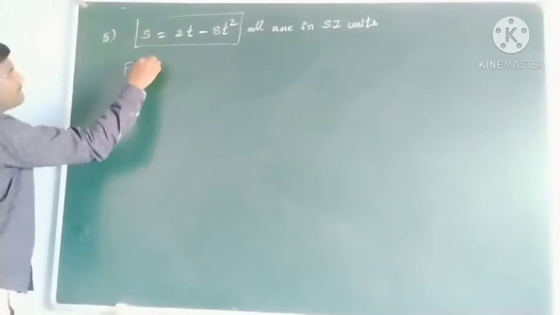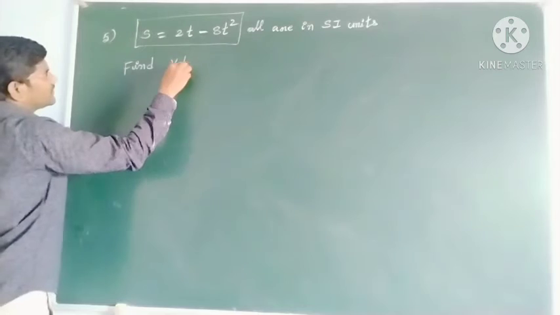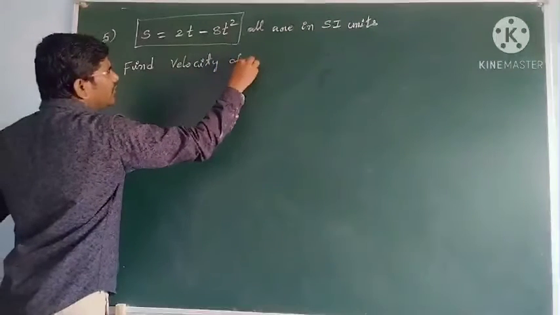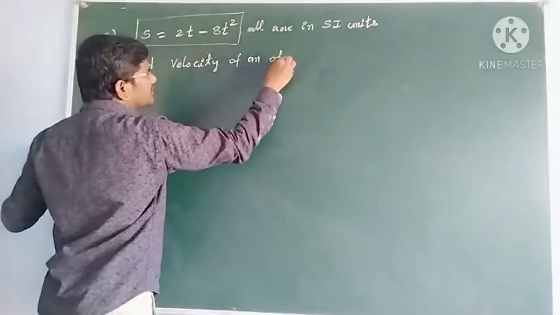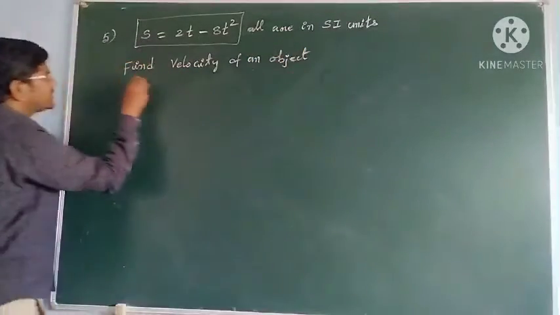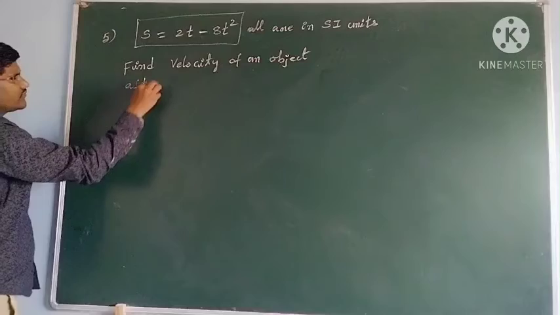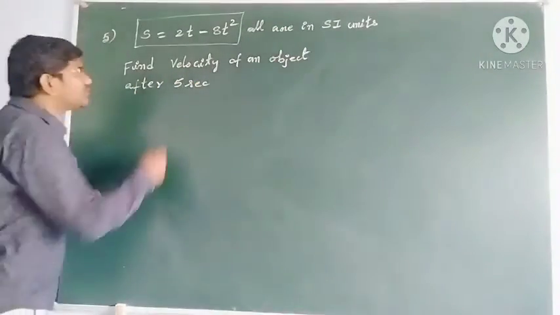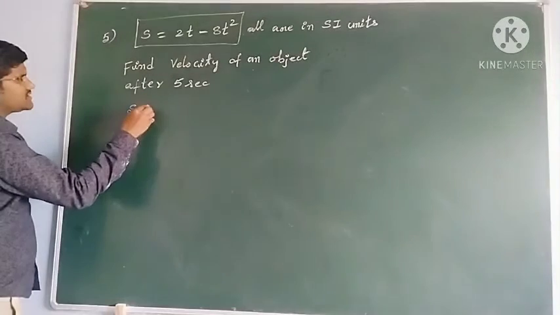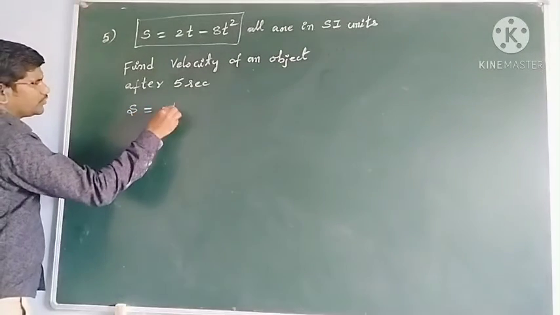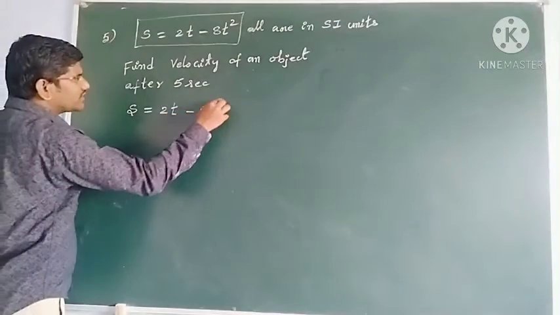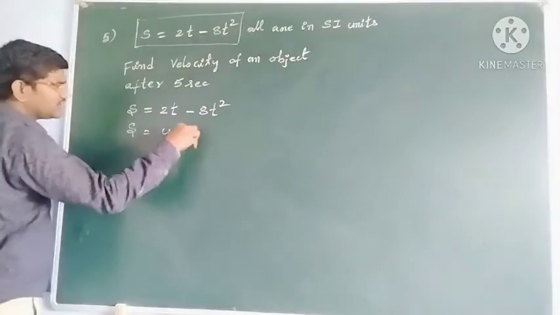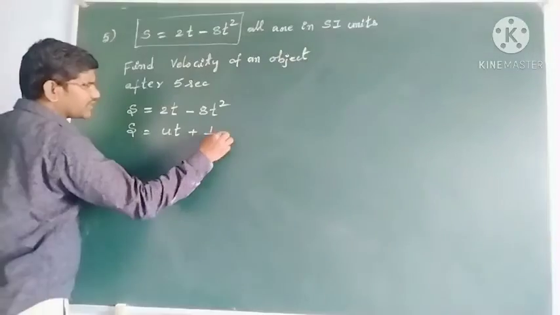So the question is, find velocity of an object after 5 seconds I am asking. See students, they have given that s is equal to 2t minus 8t squared, and you compare this with our standard equation ut plus half at squared.